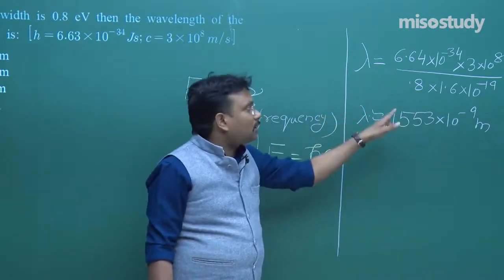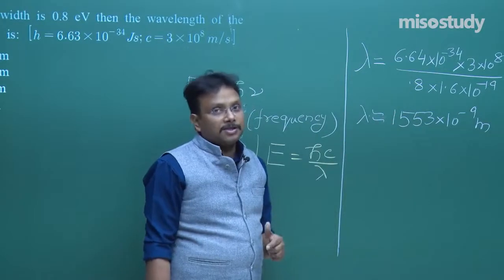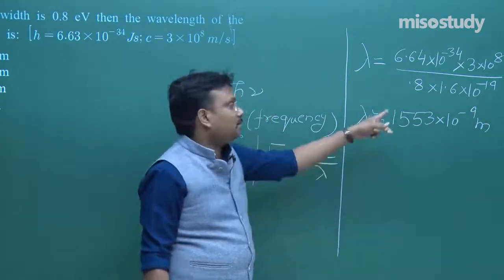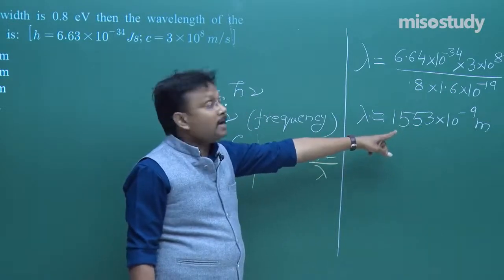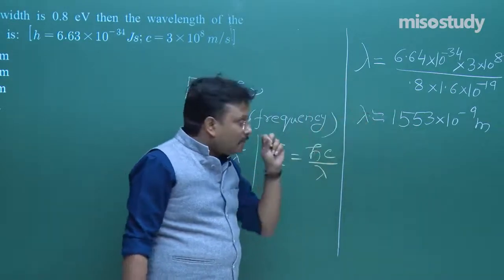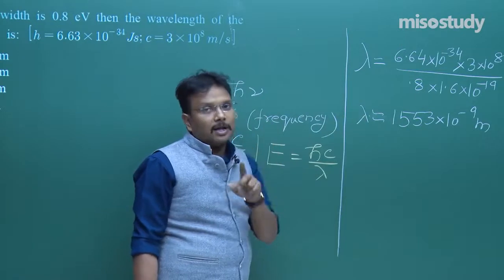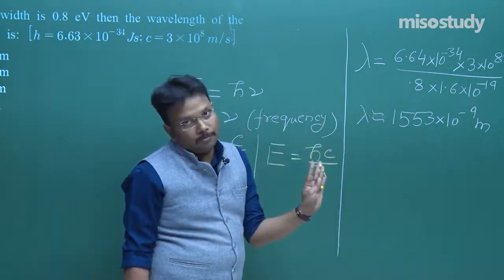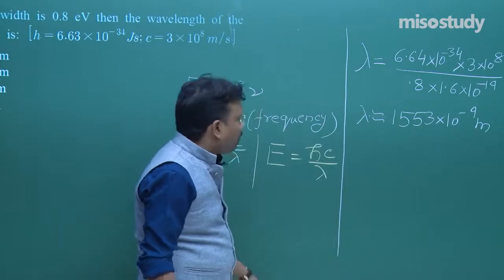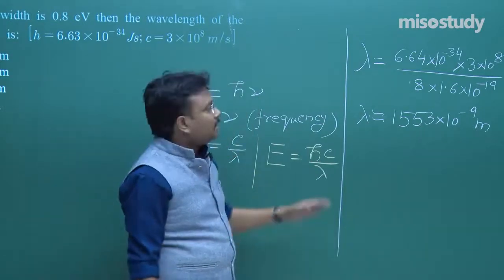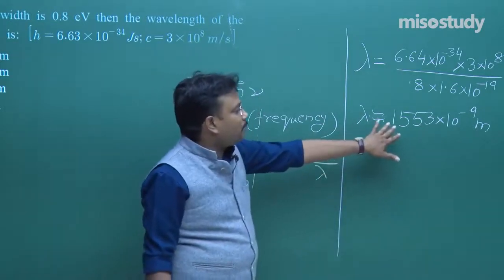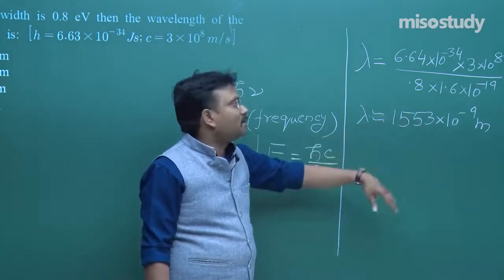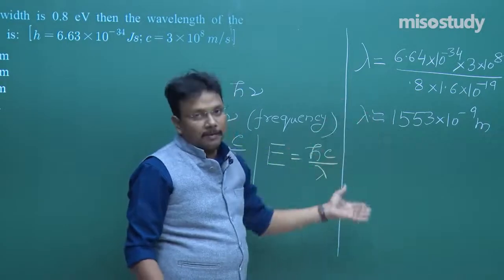If you are not comfortable with basic calculations, which you should be, then things are going to be slightly difficult, fine. And these questions are very simple, but definitely they will consume 2-3 minutes just because of the calculation involved. I solved this problem before coming into this lecture, that is why I know the value is 1.1553 into 10 to the power minus 9 meter, otherwise I will have to solve, so obviously it will take time.